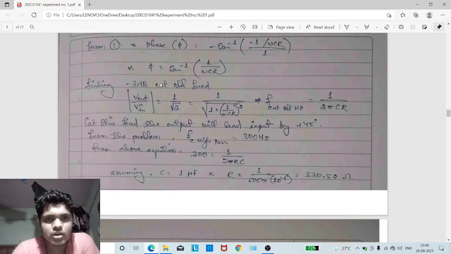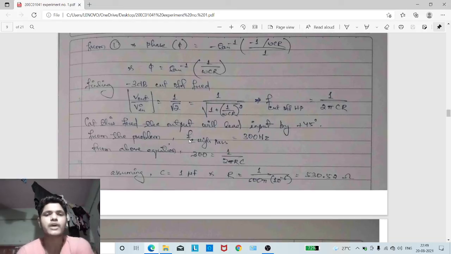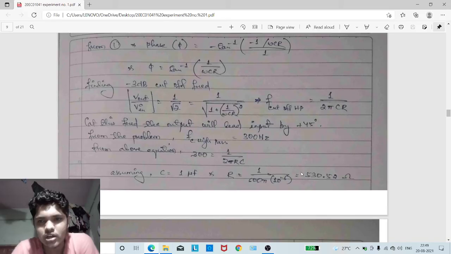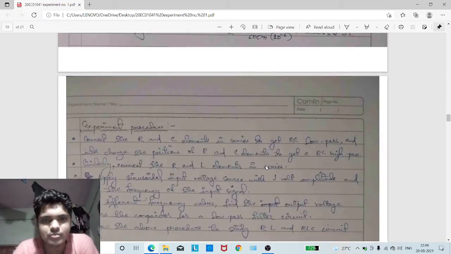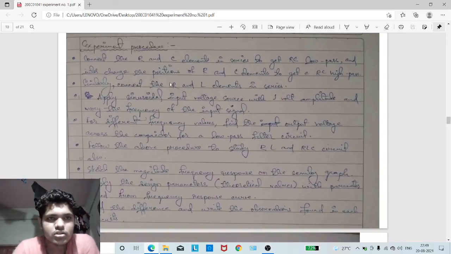So this is for the high pass filter. We have assumed C to be 1 microfarad, for which we have calculated the R value, and it will be taken in the experiment as around 530.52 ohm. So this is the experiment procedure.